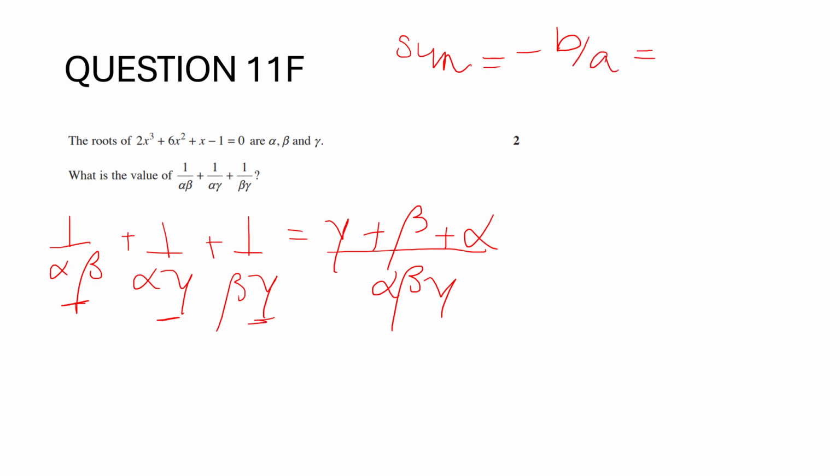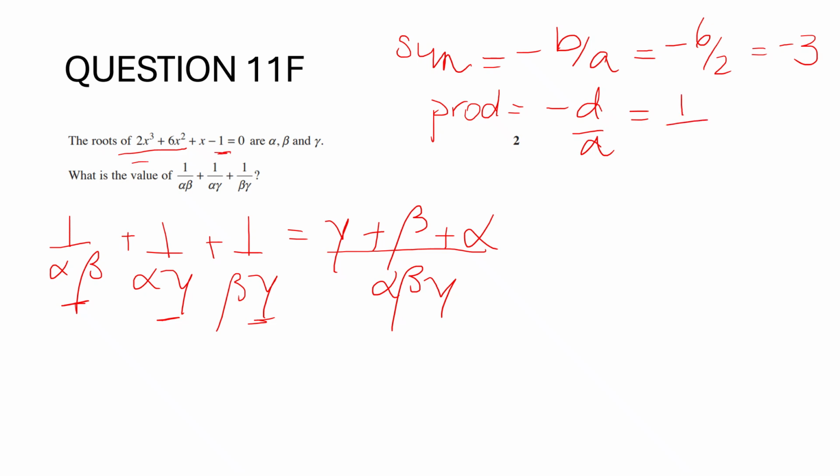So from here, that's negative 6 on 2, which is negative 3. And the product of the roots is negative d on a. D is a negative 1, so that's 1 over, and a is 2. And so this is going to be equal to the sum of the roots, negative 3, divided by a half, which is equal to negative 6.